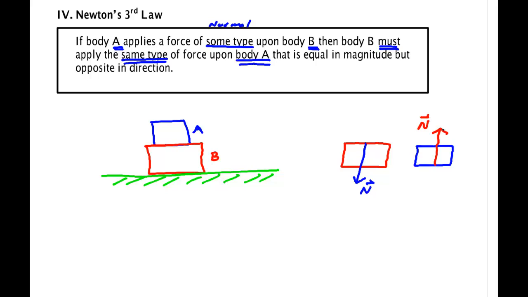Now what's interesting about this is that if you consider these two together over here, you've got an arrow going up, in, and you got an arrow exactly the same length going down, in. And if you took your whole system to be this, that was the free body diagram you were drawing.